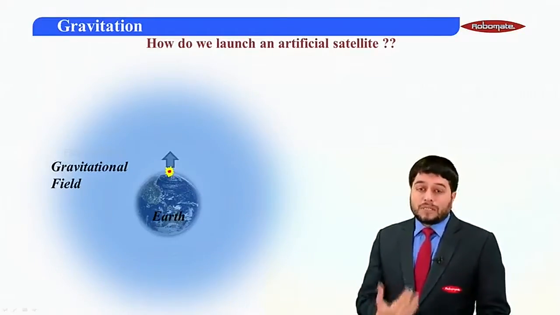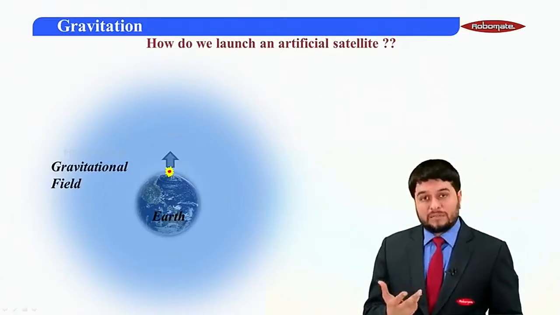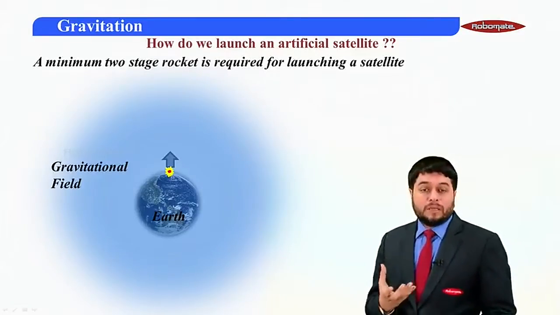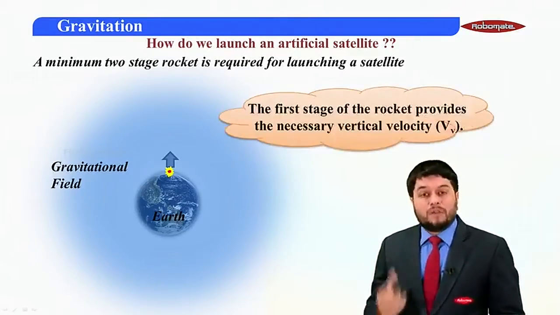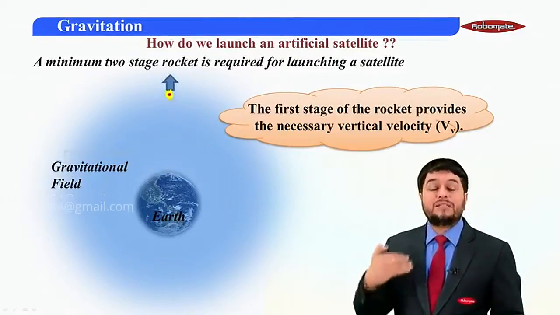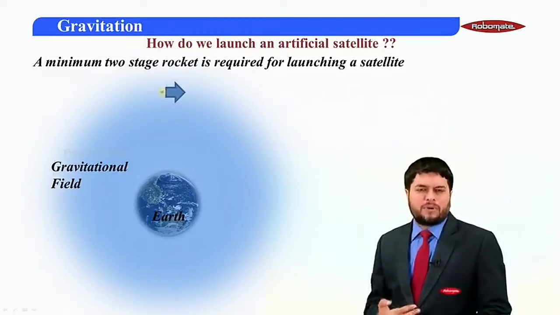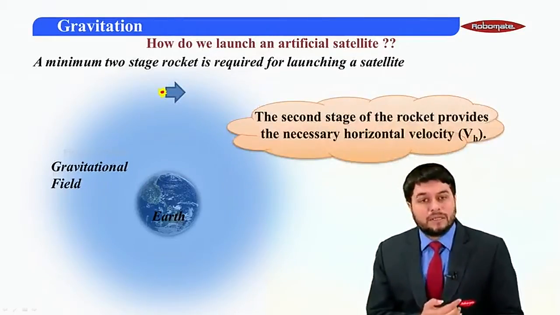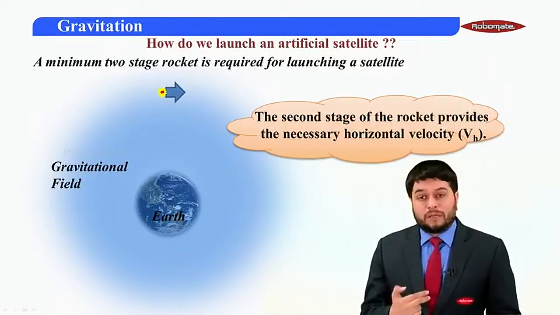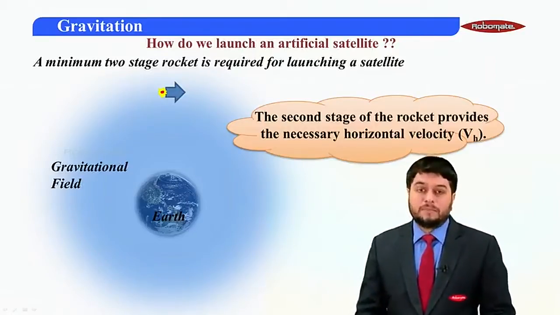So what they say is, for launching a rocket we require at least two stages. The first stage gives the necessary vertical velocity to go to a certain height, and the second stage of the rocket provides the necessary horizontal velocity so that the satellite can start moving in a perfect circular orbit around the earth.